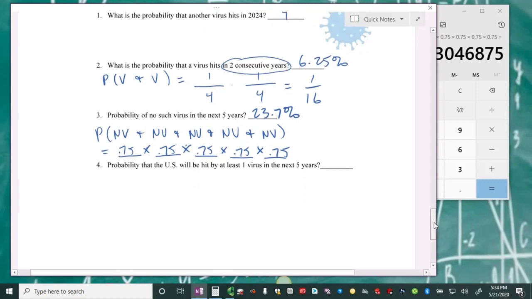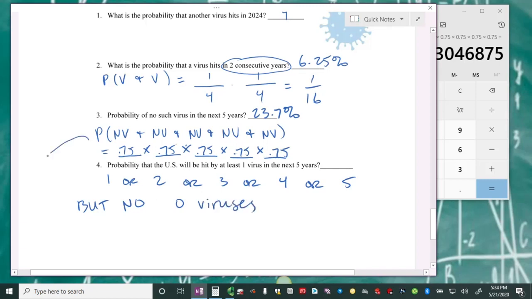will be hit by at least one virus in the next 5 years? So at least one virus could mean one virus, or 2, or 3, or 4, or a virus all 5 years. The only thing it doesn't mean is 0 viruses.